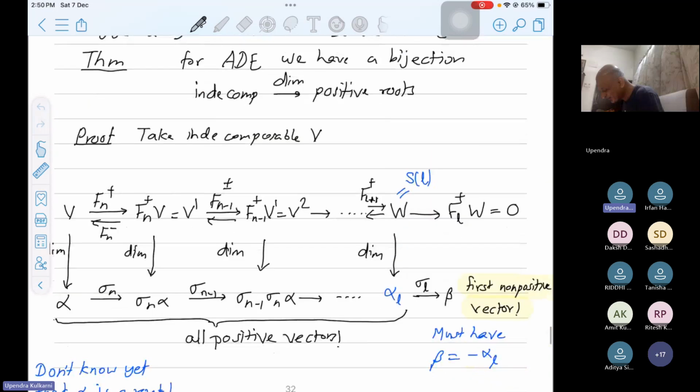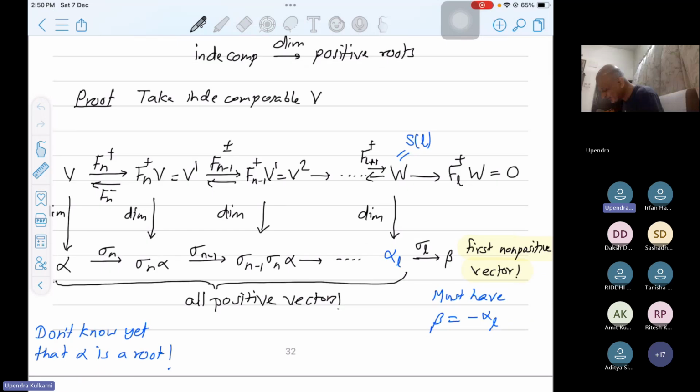Remember all this magic picture that we had, what allowed us to get started? We started with an arbitrary dimension vector of some indecomposable, and we said that, look, I cannot even go to this line unless I go forward and I get a non-positive vector.